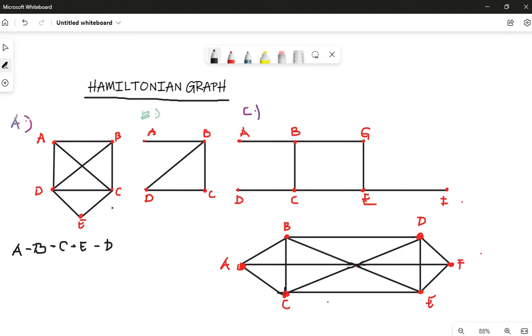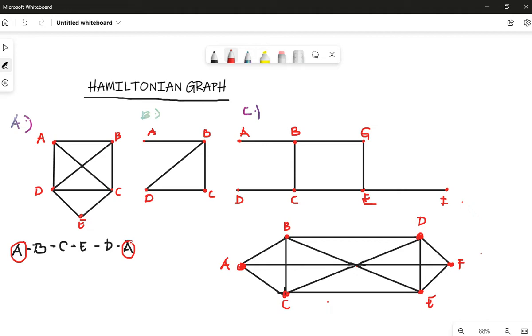Now, let's check if we can have a Hamilton circuit. So again, Hamilton circuit is just a Hamiltonian path that goes back to where it started. So we end here at D, and we can continue to vertex A. So that means we started from vertex A, we ended up with vertex A. So we have here a Hamilton circuit.